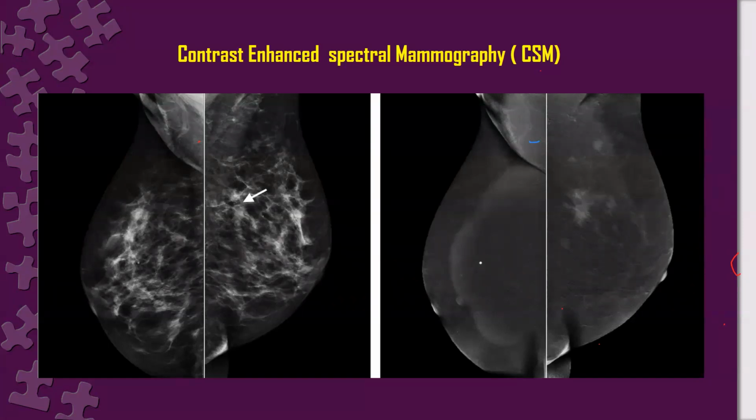Do you have any idea about the MRI lexicons? The kinetics is non-applicable because this is not a dynamic study. It is a one-time contrast study, so we can use only the morphologic criteria or morphologic descriptors to evaluate contrast enhanced mammography.